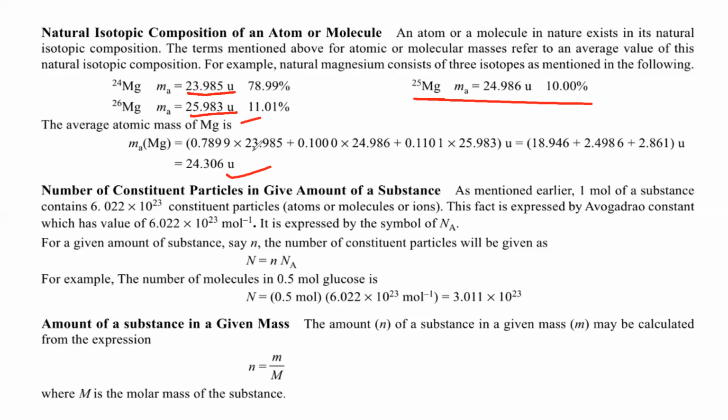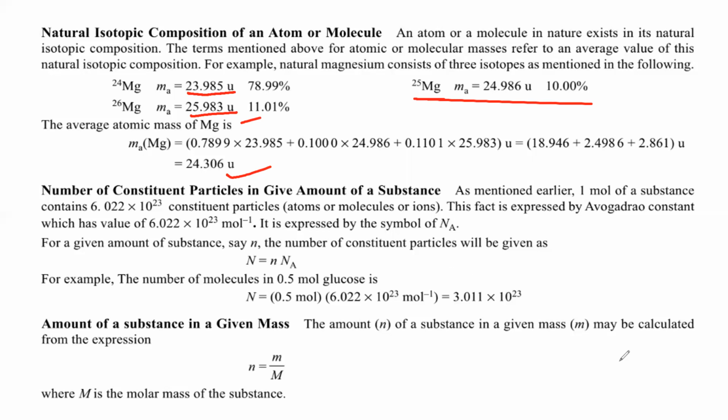In this way, we find average atomic mass. To find average atomic mass, take the percentage of the first isotope into its individual mass, plus percentage of the second isotope into its individual mass, plus percentage of the third isotope into its individual mass. This is the formula for finding the average atomic mass of any other element like magnesium.